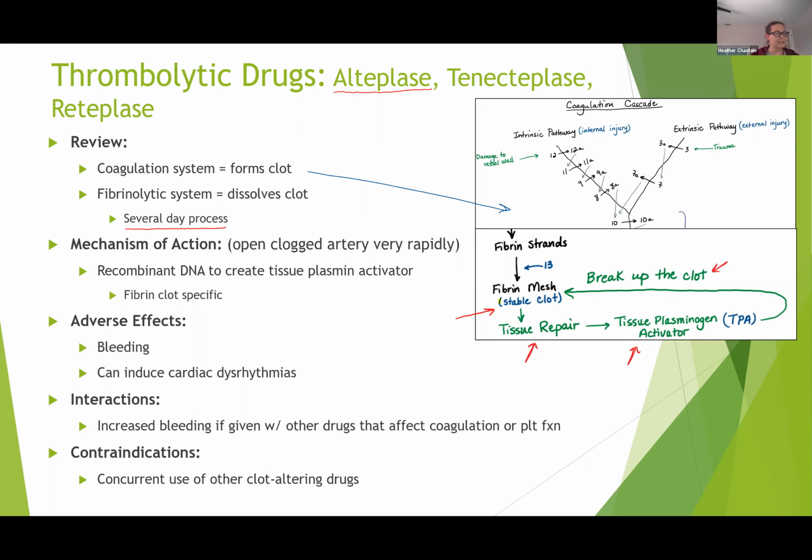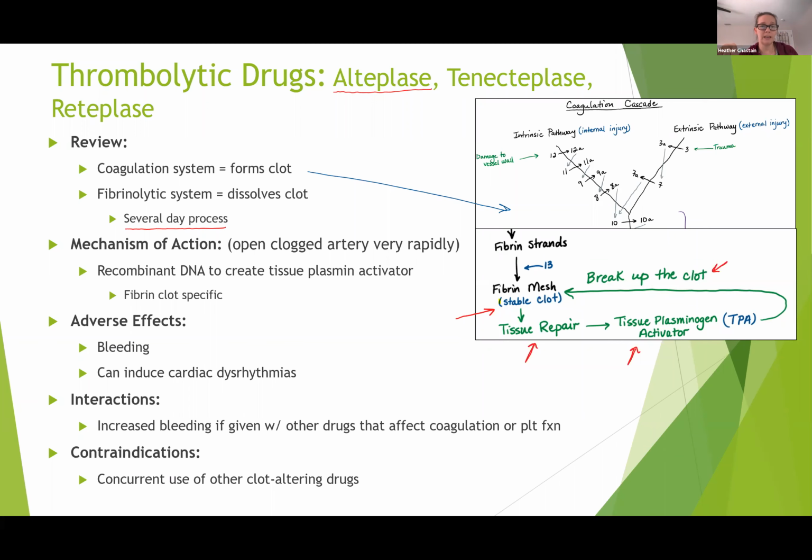So adverse effects. Well, we're breaking up clots, right? So that's definitely going to cause some bleeding. It can induce cardiac dysrhythmias, especially if there's a sudden change in the mean arterial pressure. Just imagine your vascularity is like a bunch of rivers and they're all connected together, right? And then you have a clog in one part of the river, and so it's backing up.